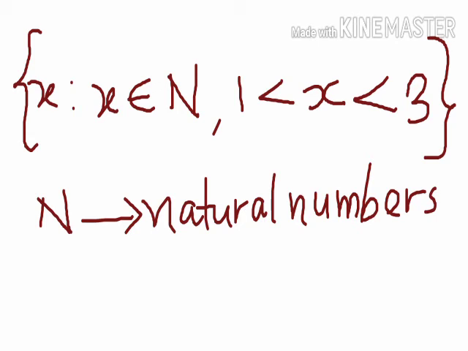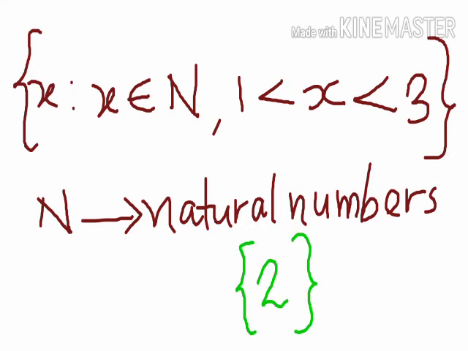So here x belongs to N means x is a member of the natural number system, and 1 < x < 3. 1 < x < 3 means the natural number x lies between 1 and 3. Okay. So we want to write a set of natural numbers lying between 1 and 3. Can you say which is the natural number lying between 1 and 3?